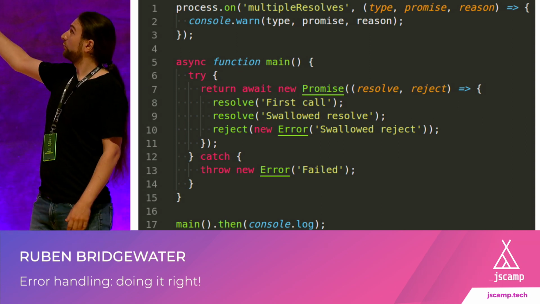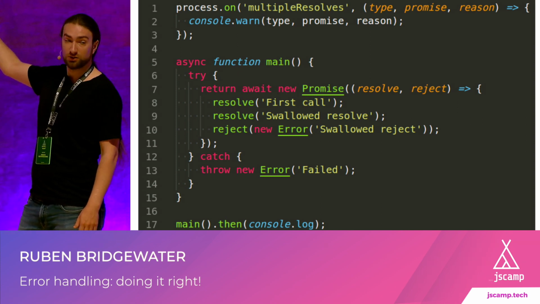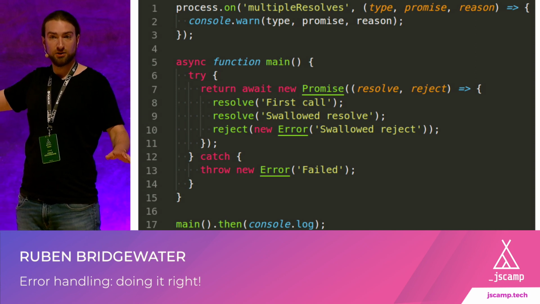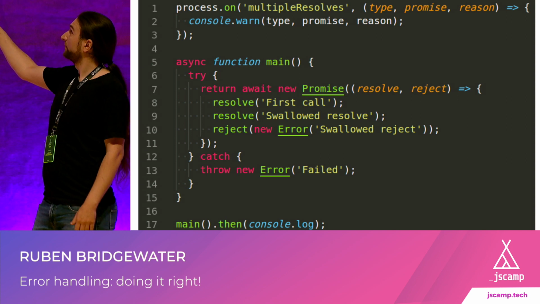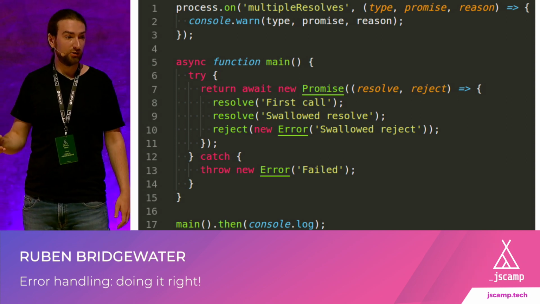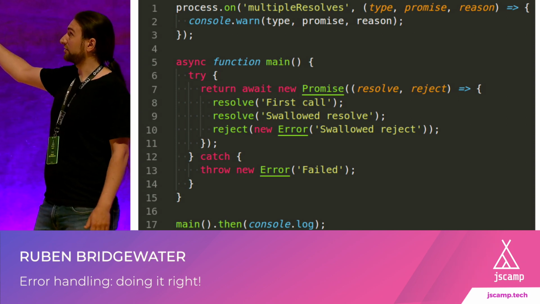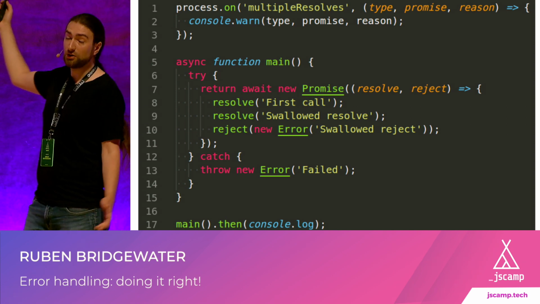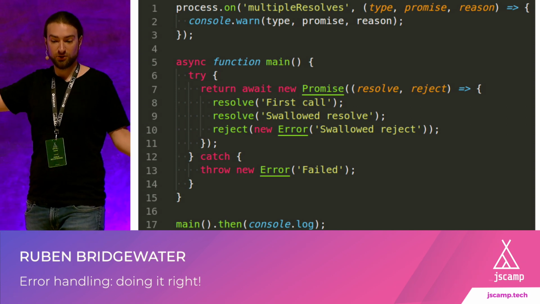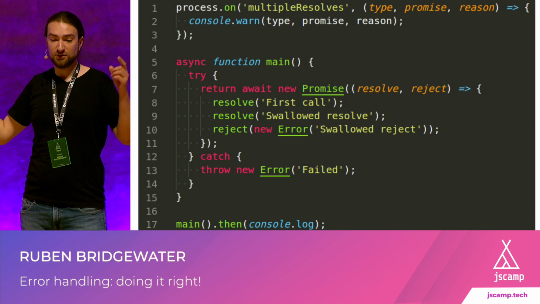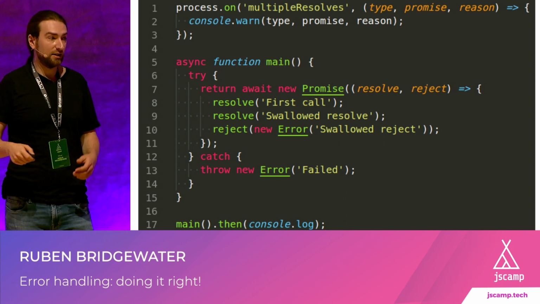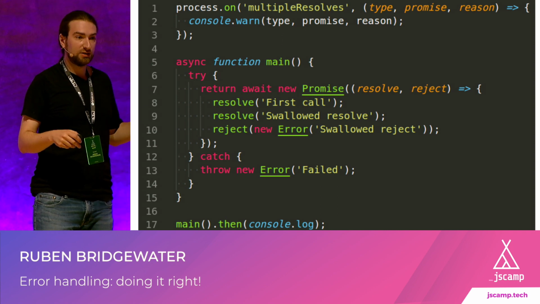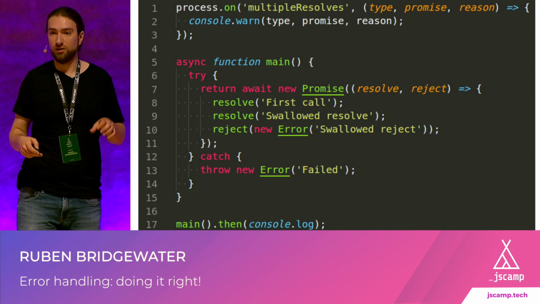So when you resolve once in the promise constructor, your promise is from then on resolved with that. It cannot change anymore. So when we resolve again, this is not going to be noticed in your application. The same with reject. When you reject afterwards, it's not going to be noticed. It's just swallowed. But you can listen to the multiple resolves hook, and then you can log that and look into your code if this is actually intentional or not.